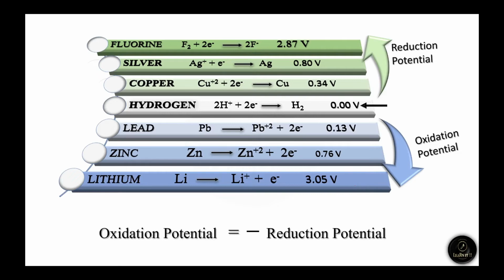It means that lead, which is having the 0.13 oxidation potential value, is converted into negative 0.13 volt. It is understood that negative values indicate the standard oxidation potential.